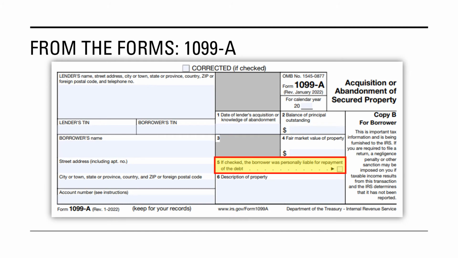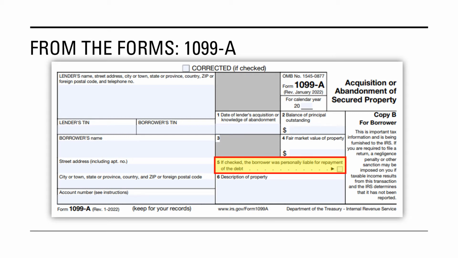And here is the form 1099-A. This is something that a lender will produce and send to a client who has had a foreclosure or an abandonment of the property. And so there's a date associated with that, there's a balance outstanding and a fair market value. I just want to point out box 5 there, where it will be checked if the borrower was personally liable for the repayment of the debt.